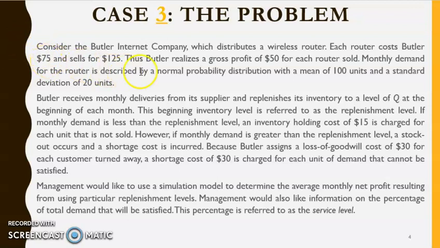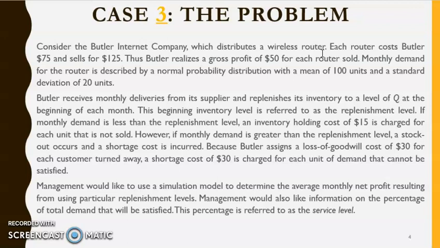Consider the Butler Internet Company, which distributes a wireless router. The previous inventory problem that we did together with mathematical modeling was with carpet, and now here it is router.